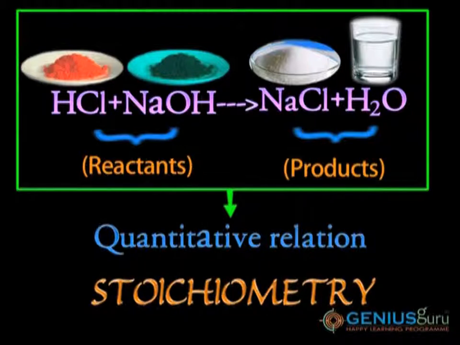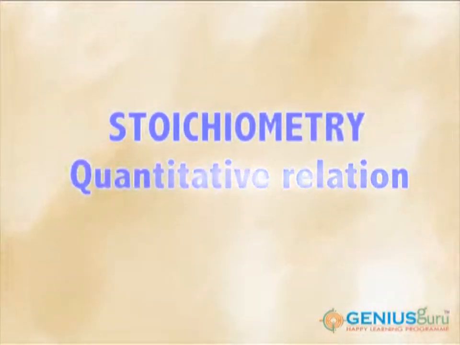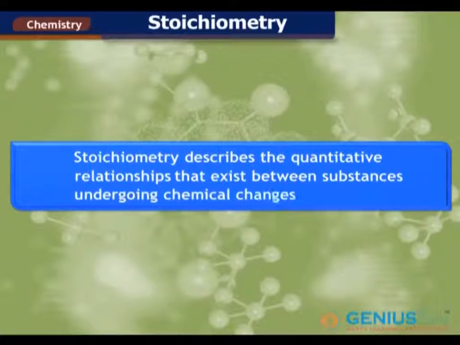The quantitative relation between reactants and products taking part in a chemical reaction is obtained by studying stoichiometry. Stoichiometry describes the quantitative relation that exists between the chemical substances undergoing any chemical change.